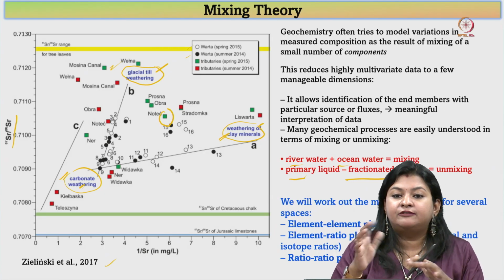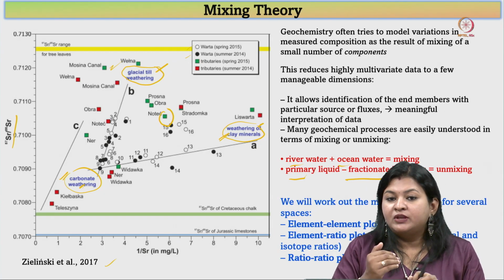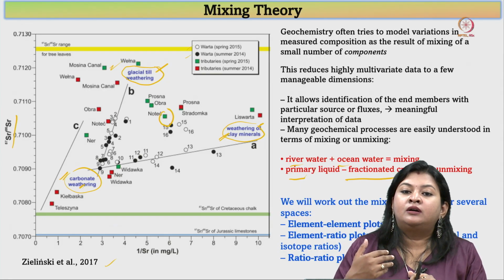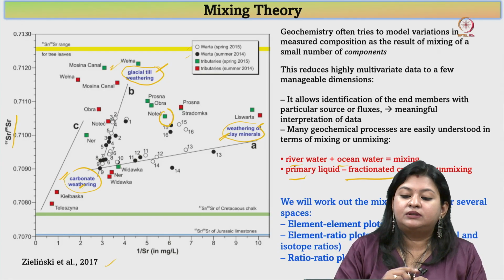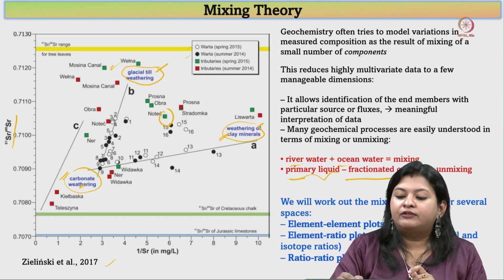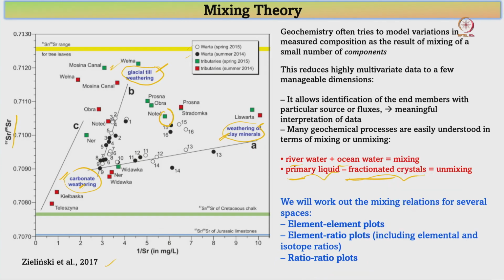So, now there is another fresh source of magma, more liquid is coming, and primary liquid fractionation is happening. All that kind of unmixing we have to understand, because such studies help us understand the genesis and how it has formed in the earth's past history.